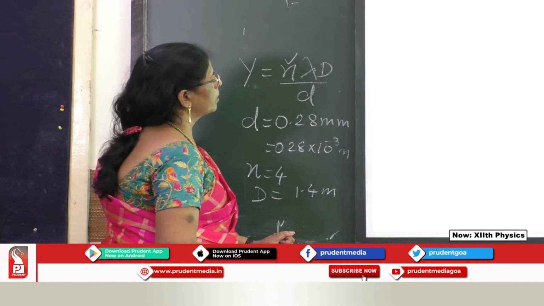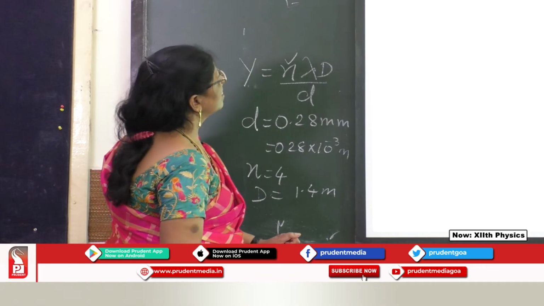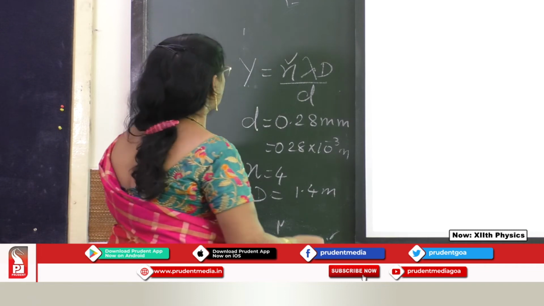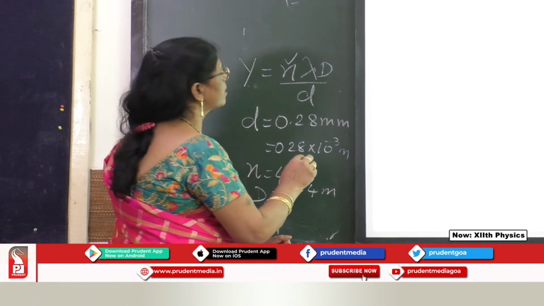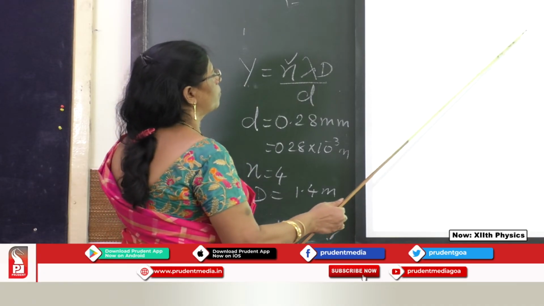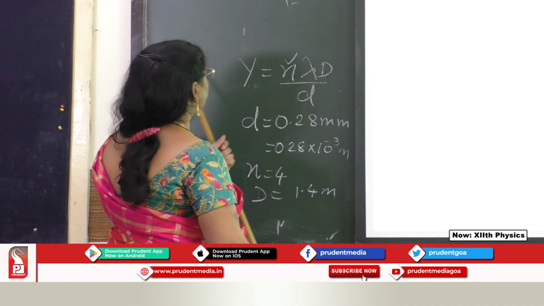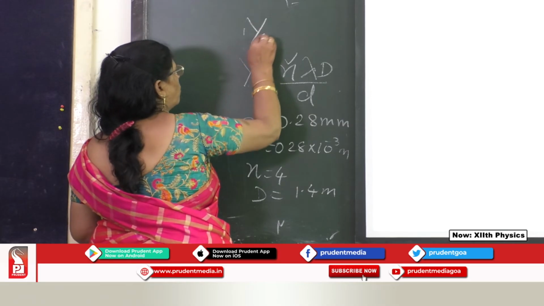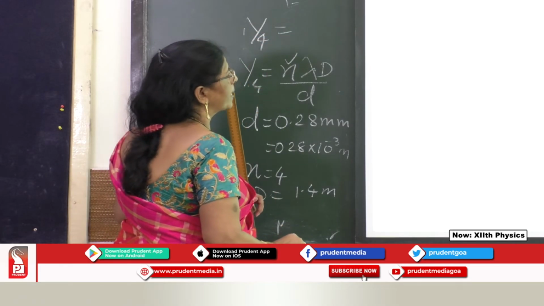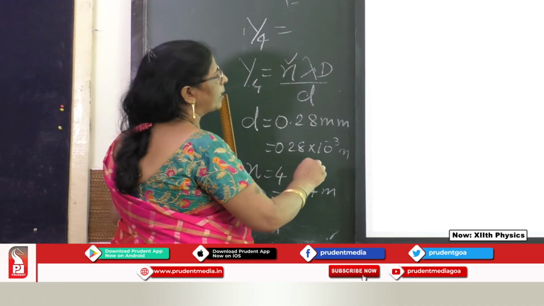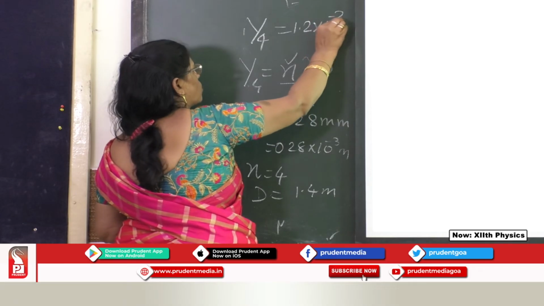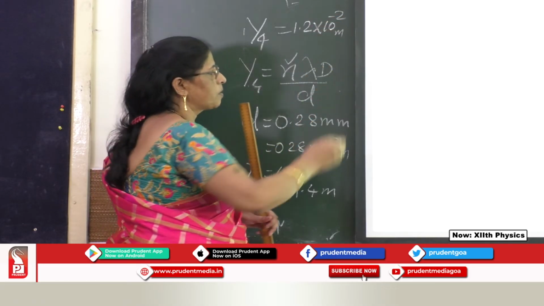The distance between the central bright fringe and the fourth bright fringe is measured, this y value, y4. It's given, and the value we get here is 1.2 into 10 raised to minus 2 meters, because it is in centimeters.